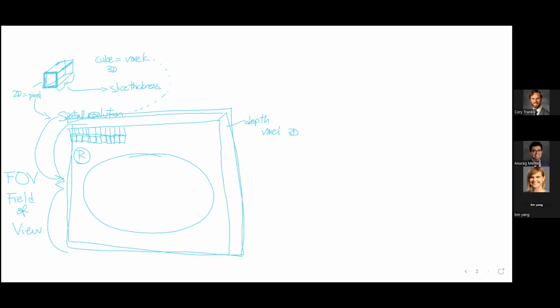So this is the right side and this is the left side. And we've got to set the total distance, the field of view, in this direction and in this direction, so that we encompass the target that we're interested to measure.